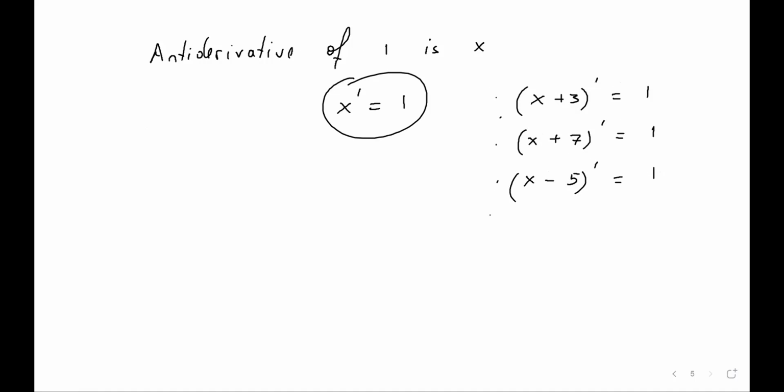So again, there is not just one antiderivative, even though we said so on the previous page, there are multiple antiderivatives. But we could argue quickly that all these antiderivatives are just translates of each other. In other words, every single antiderivative is obtained from the other ones by adding some constants.